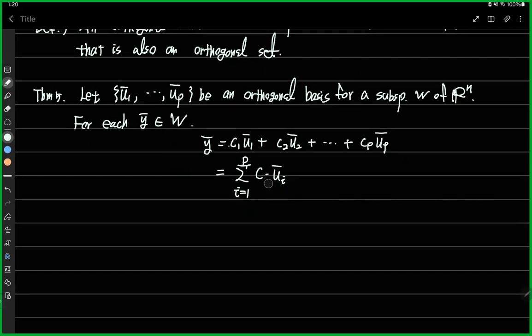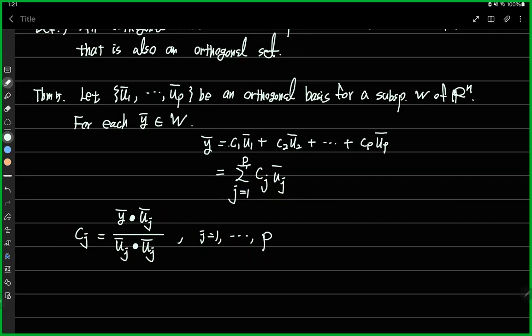Let me use j instead of i. In Theorem 5, cj is y dot uj over uj dot uj. This is the dot product, okay? Here j goes 1 through p.